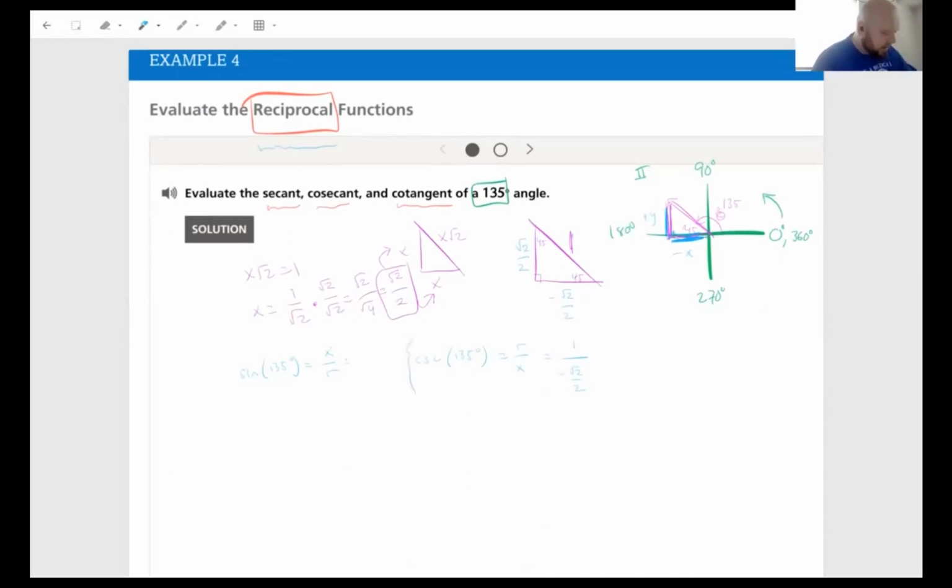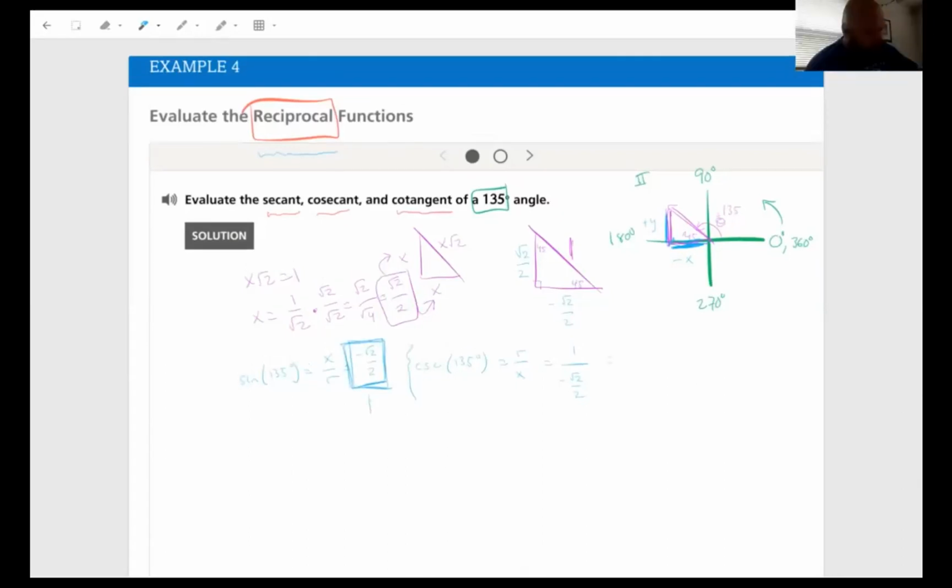I know my x is negative root 2 over 2 divided by 1. So anything over 1 is just itself. So I could take this value right here and do the reciprocal of it, and that would give me negative 2 over root 2.